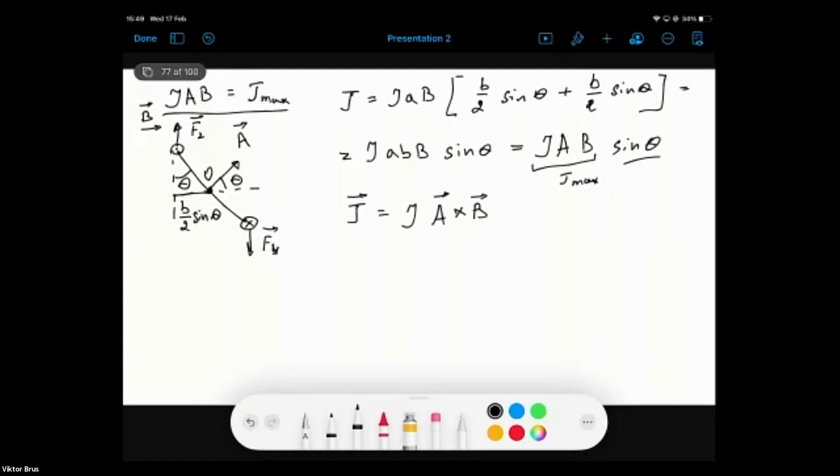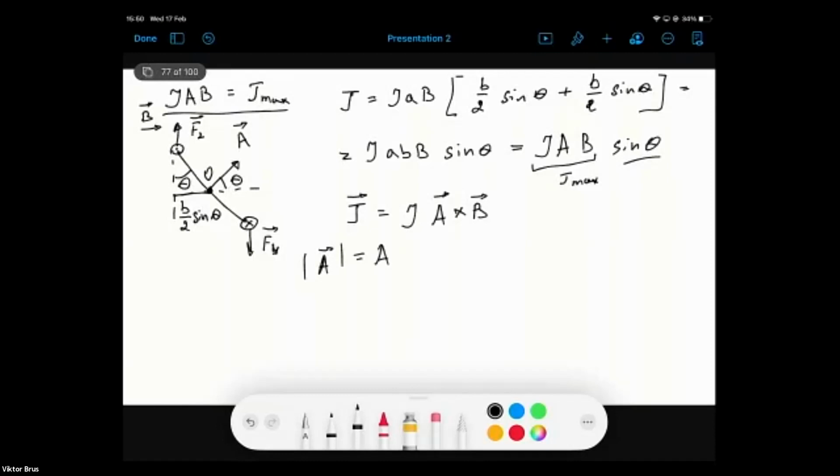As I mentioned earlier, we need to define this vector A, what it is. So vector A is always perpendicular to the plane of the loop, and its magnitude, its absolute value, is equal to the area of the loop.